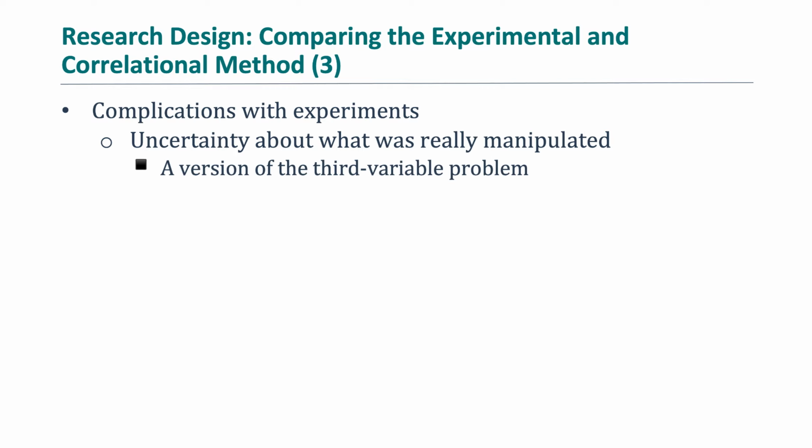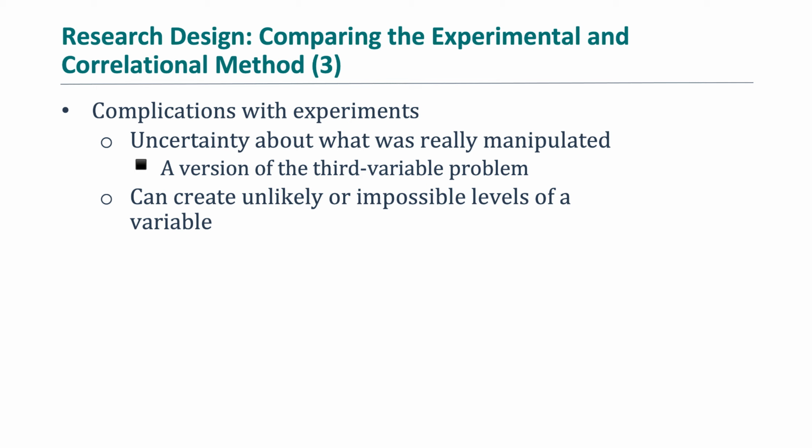And there's also a version of the third variable problem here, in that a manipulation may have affected an unintended variable, and this affects both variables of interest. So people who are more confident may feel more powerful, and also have a higher interpersonal sensitivity, right? So maybe that's the case.